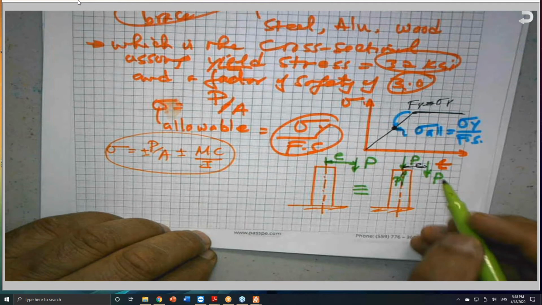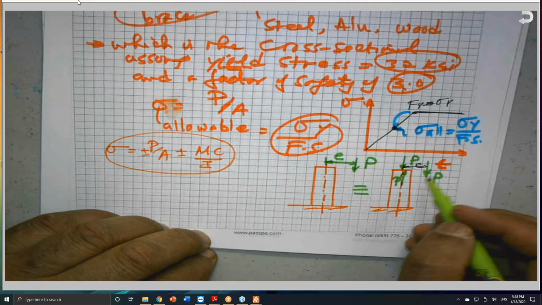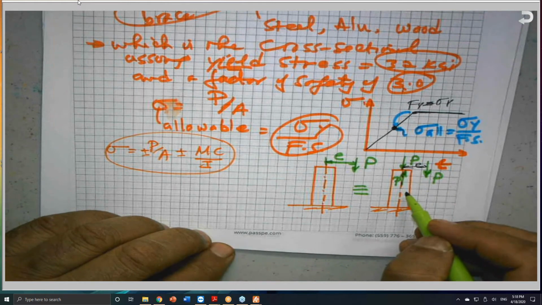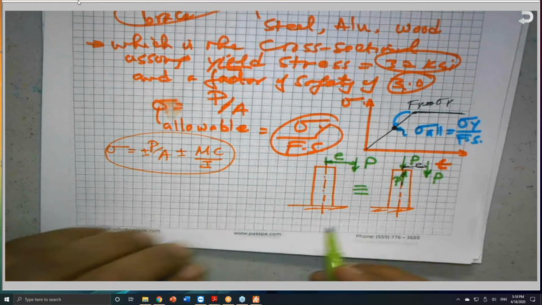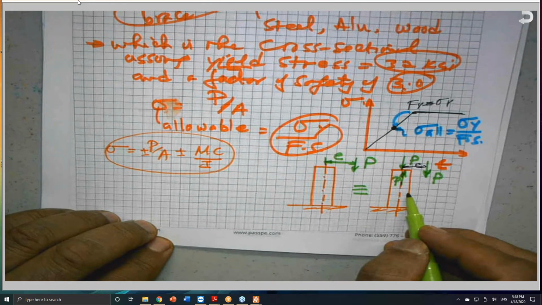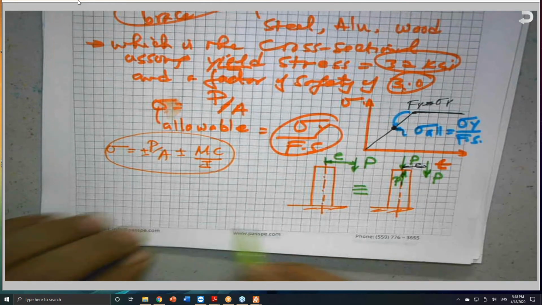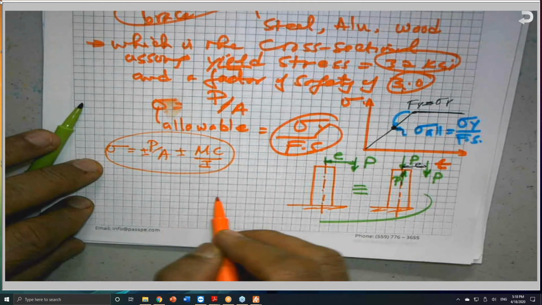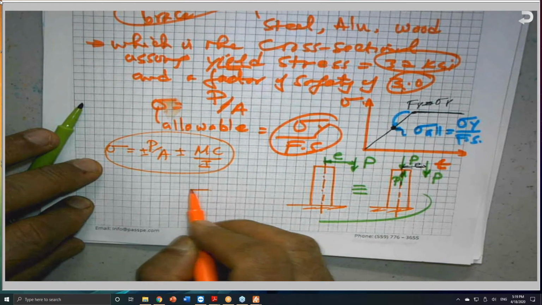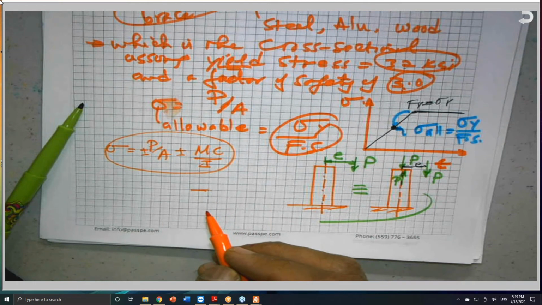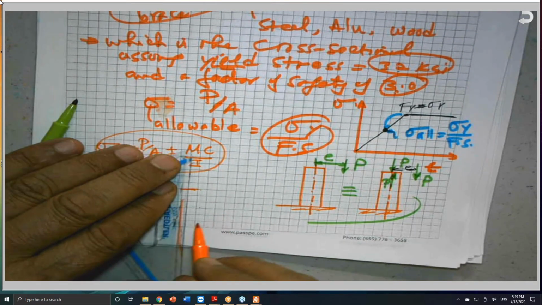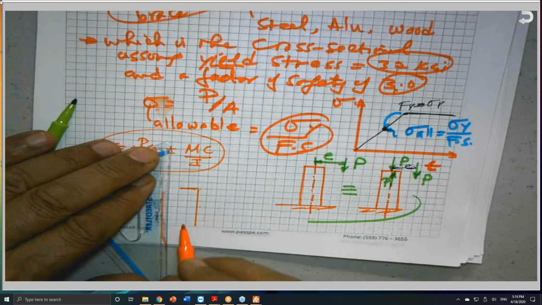So I did nothing as far as the equilibrium. I can replace this force, which is coming down, and this force going up, with a moment. So in this case, the final result is going to be a combined stress where we have axial load plus bending.